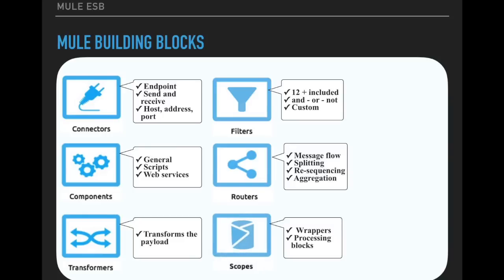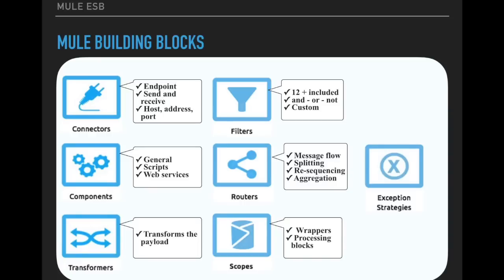Scopes are basically wrappers for any processing, like you can have a scope for components, transformers, all these things. So those are covered inside scopes. If I have to give an example, a choice is a router, then you have a scope of asynchronous, and all those scopes are available.